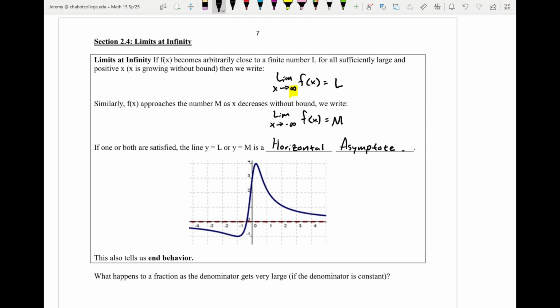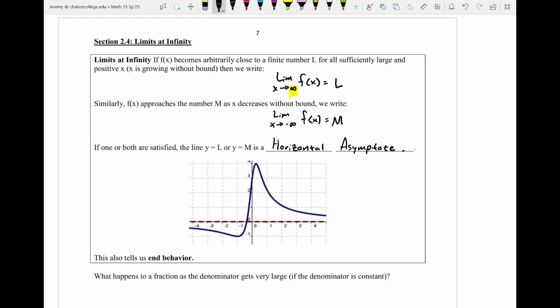Okay, so in the previous section, we looked at infinite limits, and we saw that those infinite limits, if we had them for a function f, corresponded to a vertical asymptote. Now we're seeing that limits at infinity, where the independent variable is going to positive or negative infinity, if that converges to some real number, give us a horizontal asymptote.